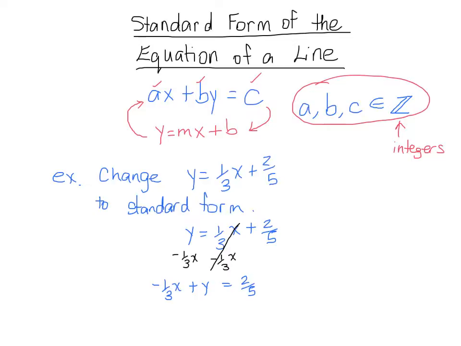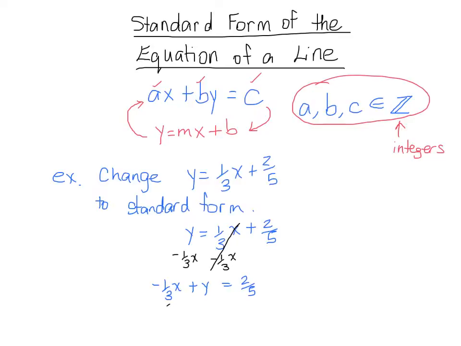Except for the fact that, again, we want our numbers a, b, and c, meaning the number before x, the number before y, which we don't have one yet, and the number that stands alone, to be whole numbers. We want them to be integers. In this case, we need to look at our denominators.